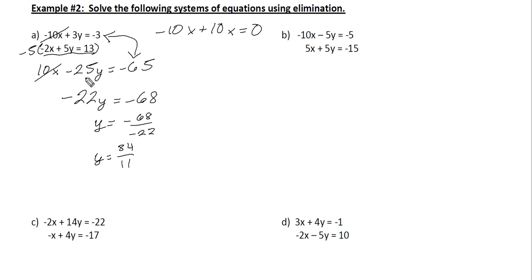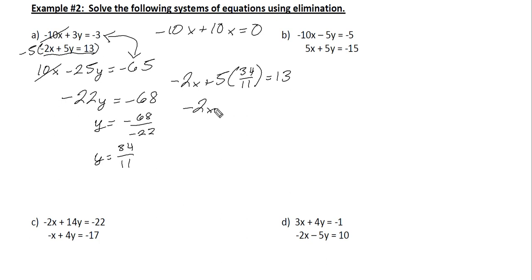So instead of y, I'm going to substitute 34 over 11. So we have negative 2x plus 5 times 34/11 equals 13. You can see we've got some rather complicated work with fractions to do here.